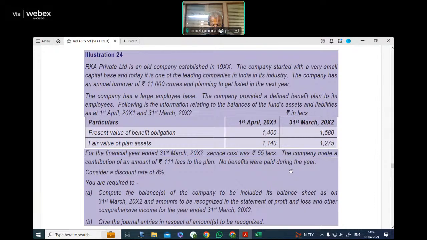So now let us understand what exactly we are expected to do. We have two things in mind. One is the present value of benefit obligation, which is the liability, and the fair value of the plan asset being the asset. The company has a turnover of 11,000 crores, is planning to get listed, and falls under Ind AS 19.